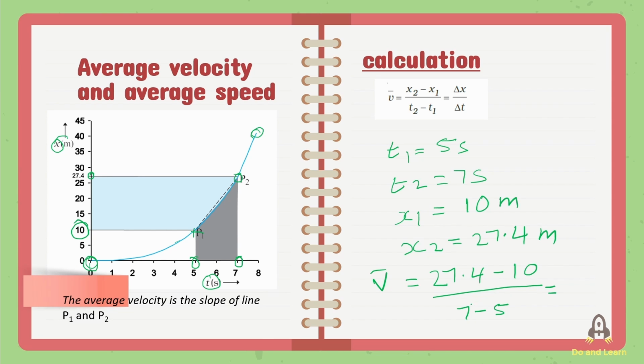You can do this calculation. 27.4 minus 10 is equal to 17.4 divided by 7 minus 5, 2. That is equal to how much? You can calculate, that is equal to 8.7.